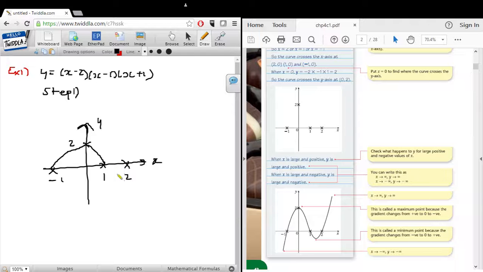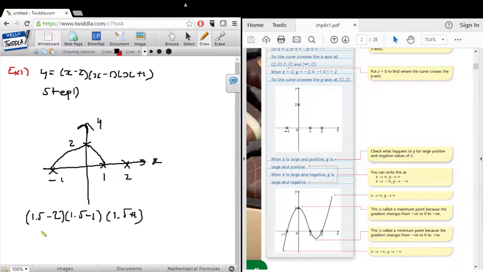Let's think about this. Let's just take 1.5, a nice number that we can deal with, and put it into the equation. 1.5 minus 2, 1.5 minus 1, then 1.5 plus 1.